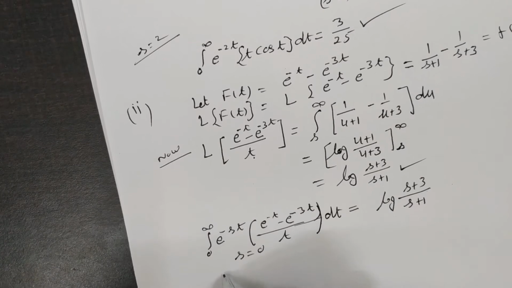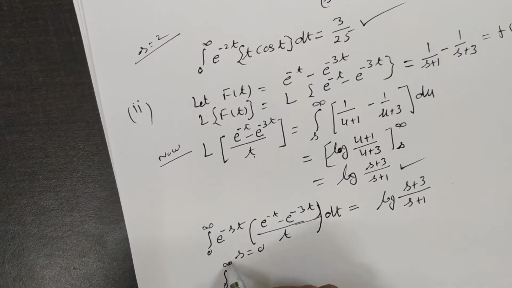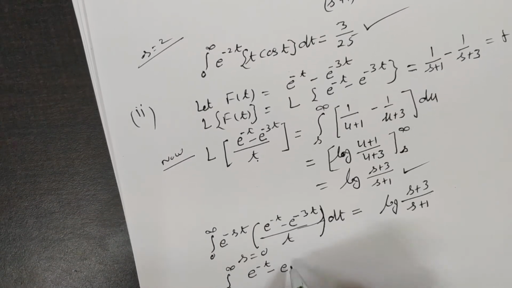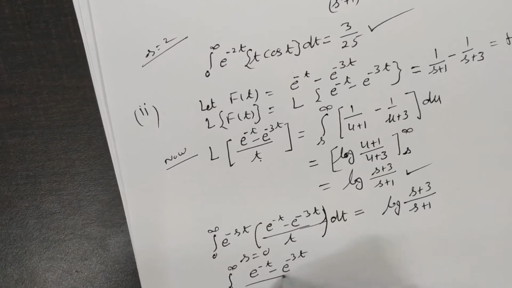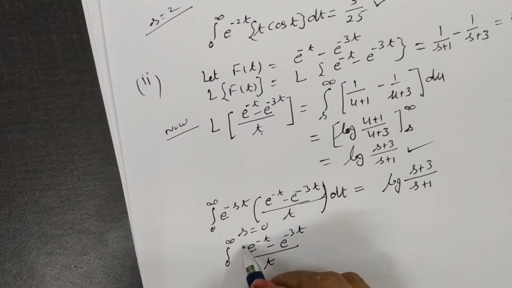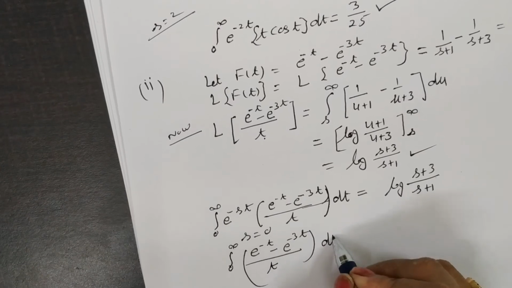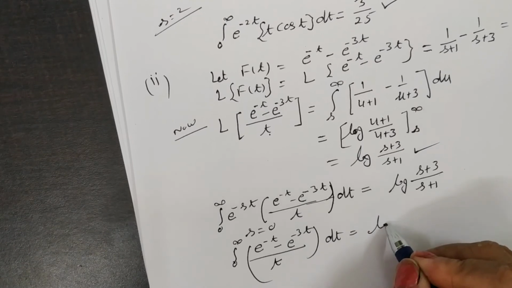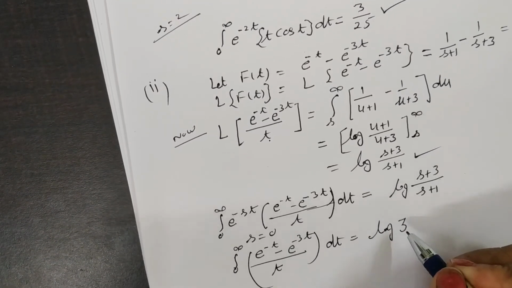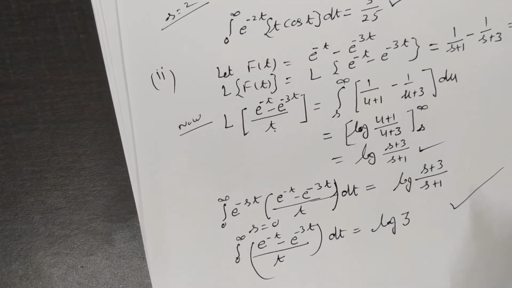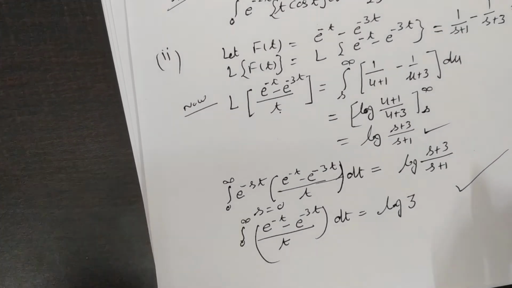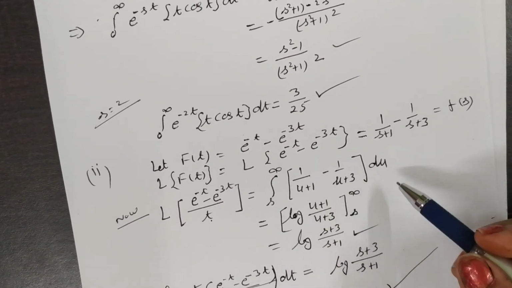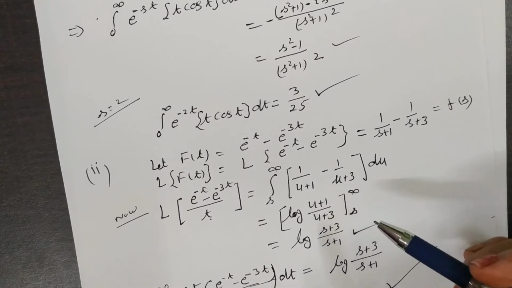Then the integral from 0 to infinity of e to the power minus t minus e to the power minus 3t, divided by t, dt is equal to, substituting here, log of 3. You have clear all the steps. Here we apply the definition for the integral value, which was solved in example 3.